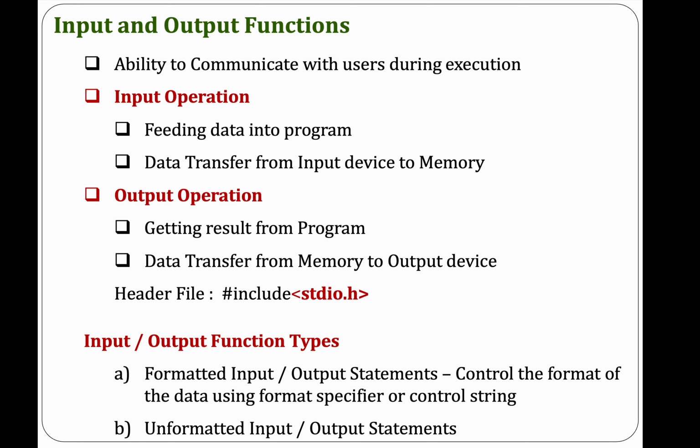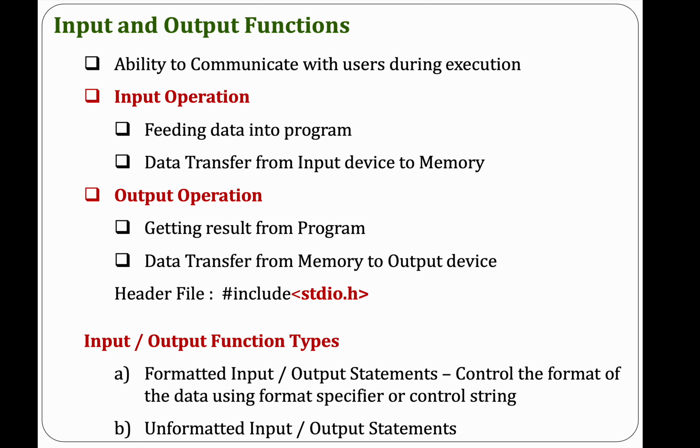Normal formatting means what? If you type anything in a Word document, you may want to make it left aligned or right aligned, make the text bold, or change the color. These are formatting operations. Likewise, I can format the input and output operations in some other way.